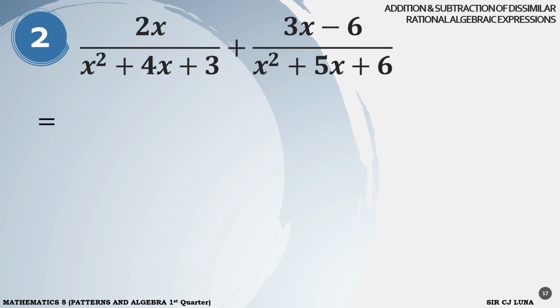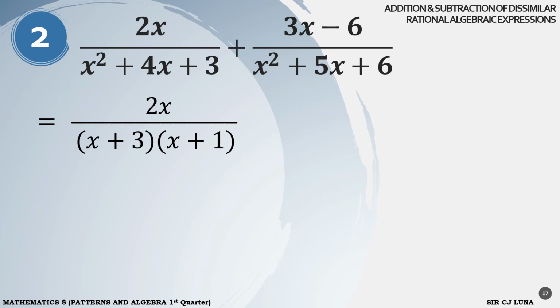So syempre, kailangan muna ay kunin mo yung mga factors nila. Okay? So we have 2x over the factors of x squared plus 4x plus 3. Ano yung mga yon? Very good. We have x plus 3, quantity x plus 1.